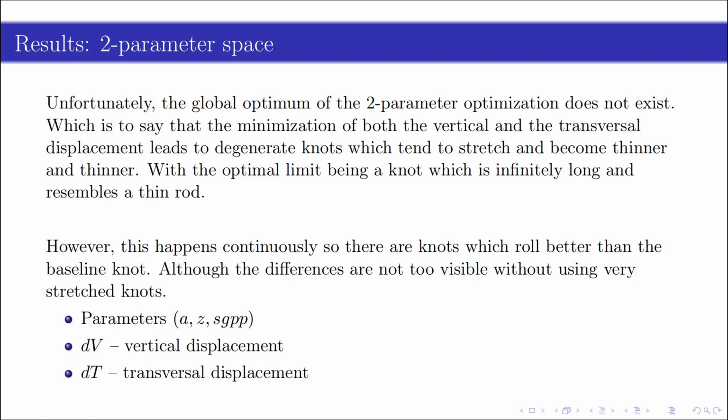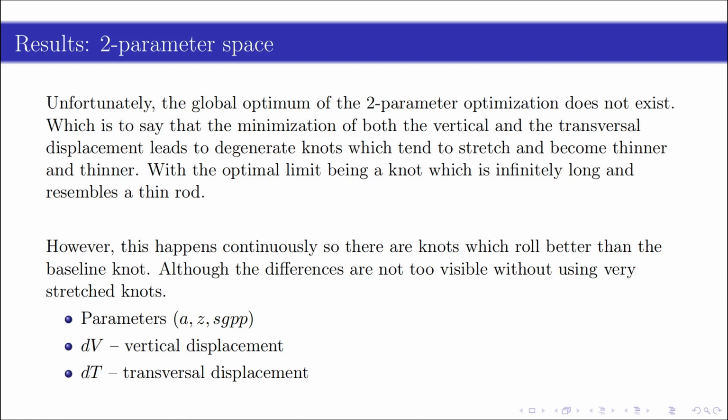The knots tend to get better by degenerating in a cylindrical-like form, basically a thin needle, and stretch out infinitely. This improves the knot behavior significantly, and it's the only major way to optimize the lateral and the vertical displacement.